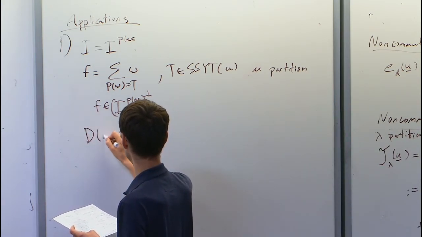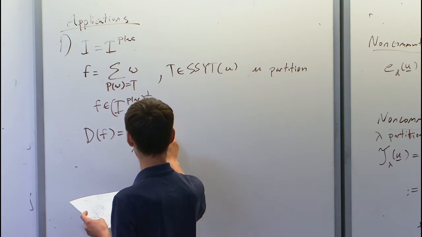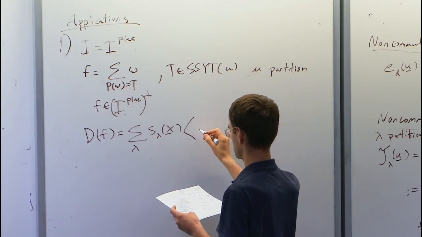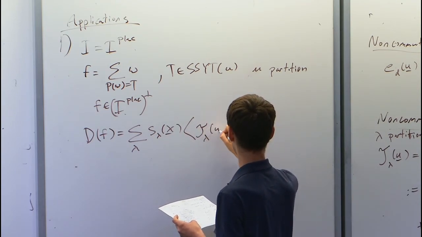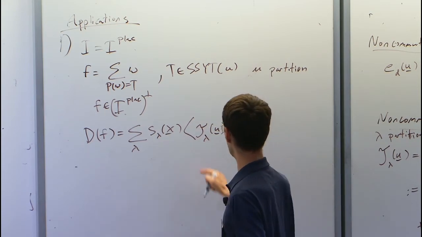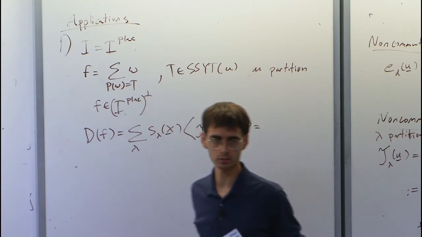And then this generating function is the sum of s lambda of x. So I'm just copying from over here this inner product. And then this non-commutative Schur function is equal to the sum of column reading words.